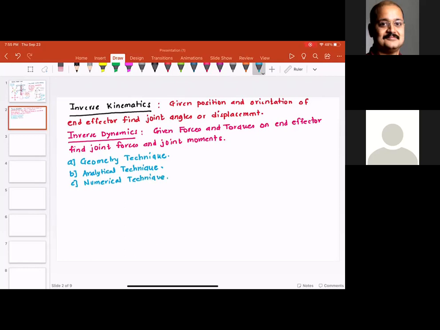In today's class, I will try to give you some ideas and I will work out a simple problem. In the next class, I will work out a slightly complex problem. The problem that I want to solve today is the same problem that I posed in last class.